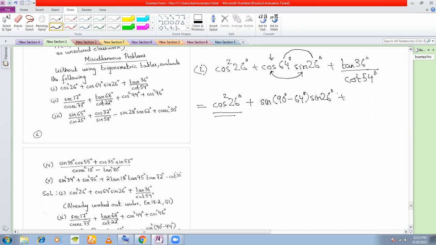Plus, and here you have tan by cot. So you can change either one of them. Either you change tan to cot or you can change cot to tan. So let us change cot to tan. Tan 36 degrees divided by tan of 90 degrees minus 54 degrees. Okay.